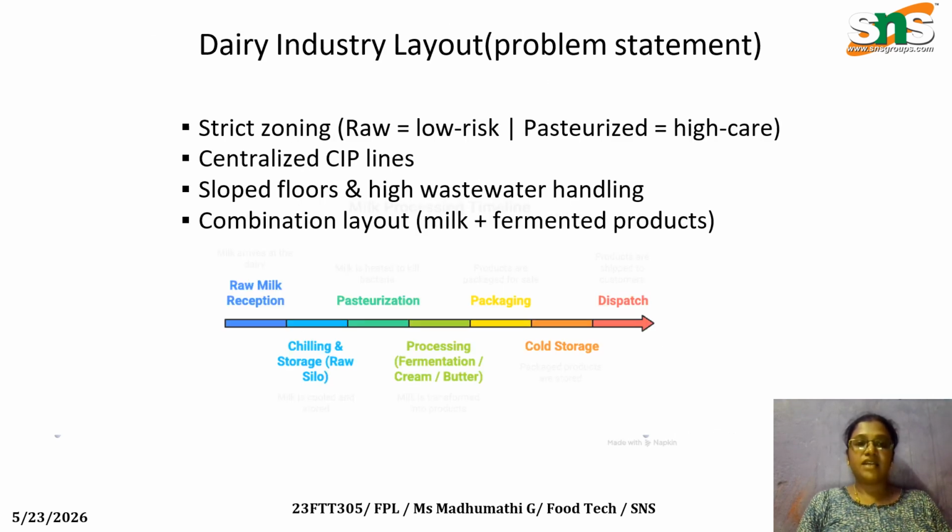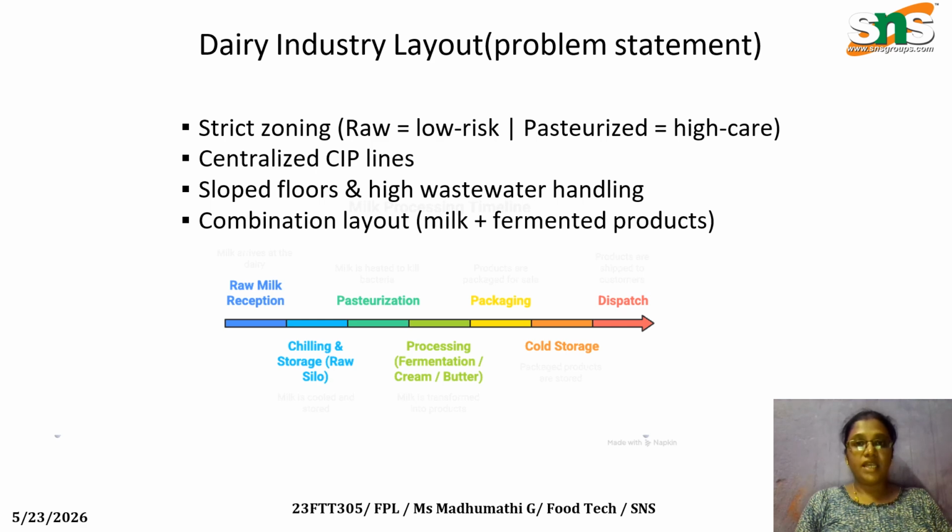So first, let's have a look at the dairy industry layout. First of all, there should be strict zoning at the raw material, that is, the raw milk coming into the industry. Raw milk carries a low risk, but once it is pasteurized milk, there are high risk factors that will affect the processed milk.